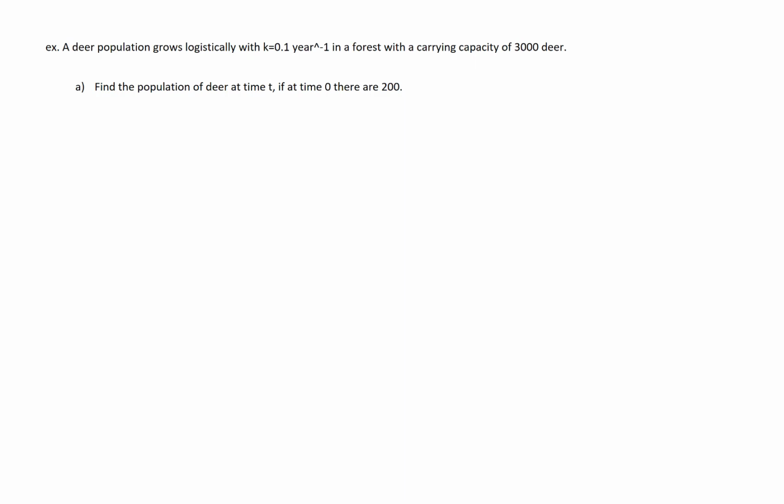So we're going to find the population function, p of t. That's what we're looking for in this case. And we know that p of 0 is 200, that at the initial condition there's 200. And we also know that the k value is 0.1, and the a value is 3,000.